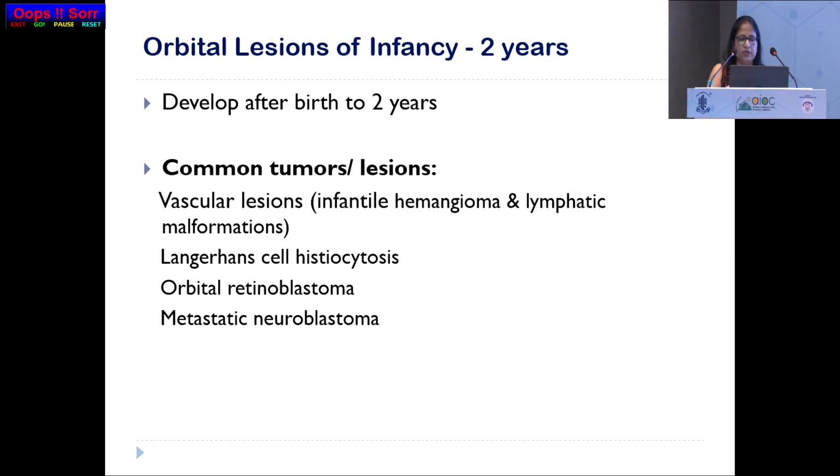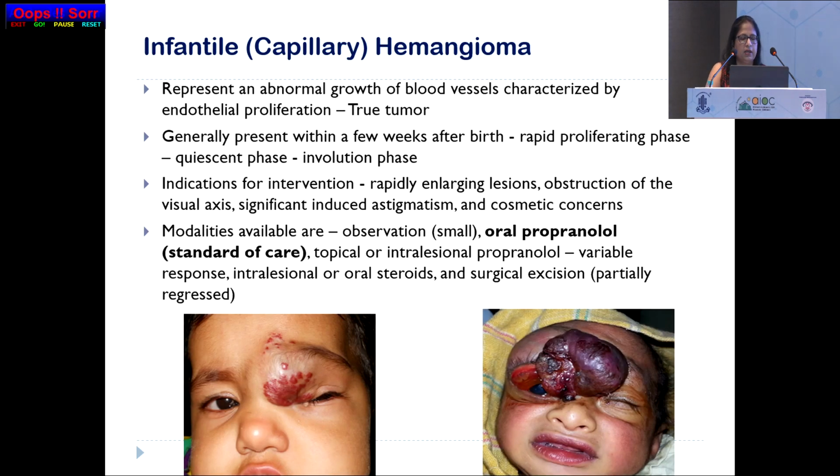So now coming to lesions in infancy, 2 years age group. So we all know it's the capillary hemangioma in the early life, and in the later life it is the lymphatic malformation, which we commonly see. For the infantile hemangioma, the standard of care is oral propranolol.